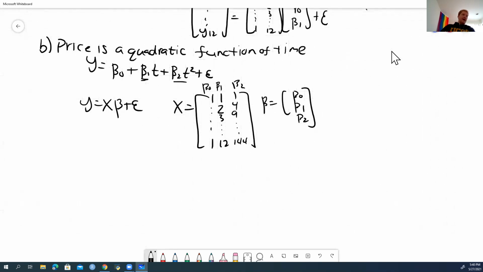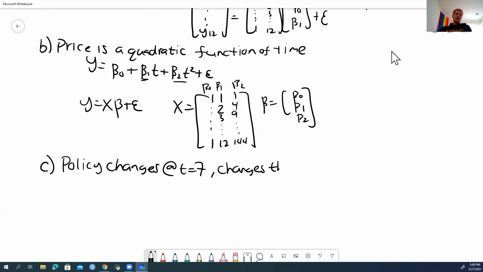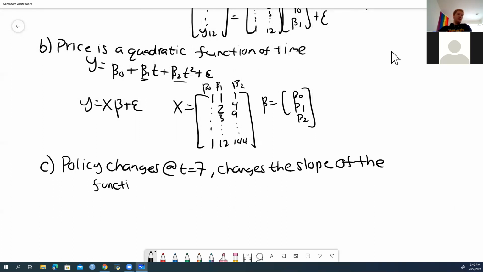Next, let's say there's some policy change at t equals 7, and it changes the slope of the function and allows for a sudden jump.